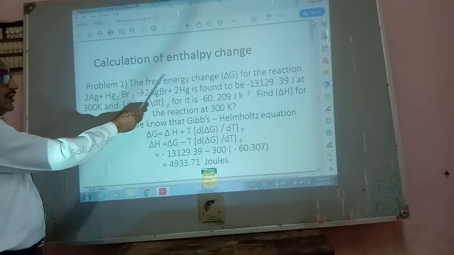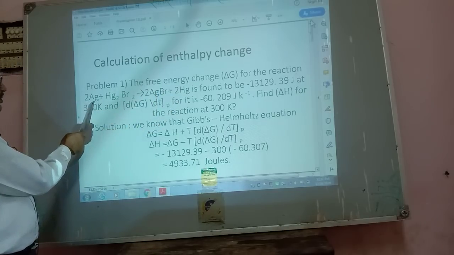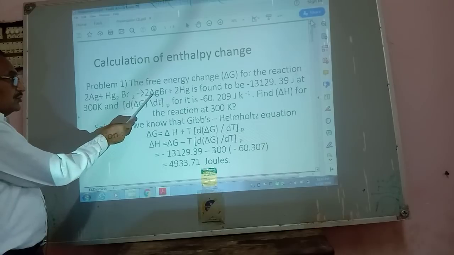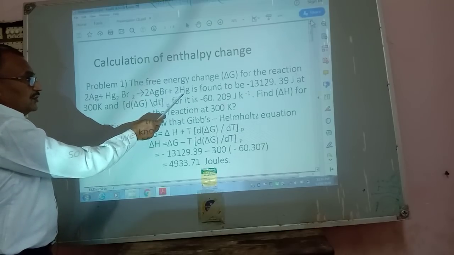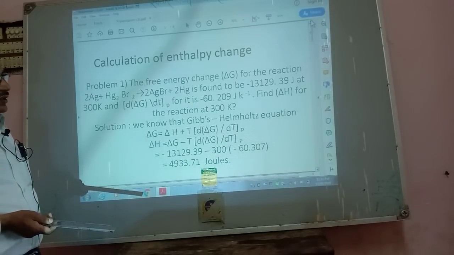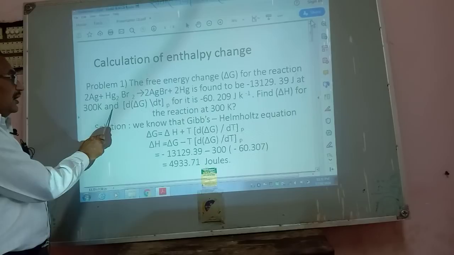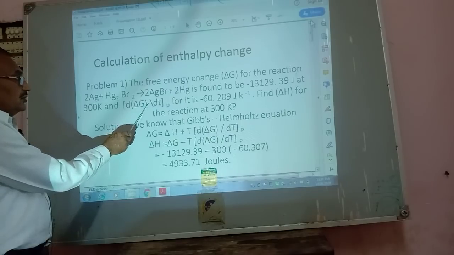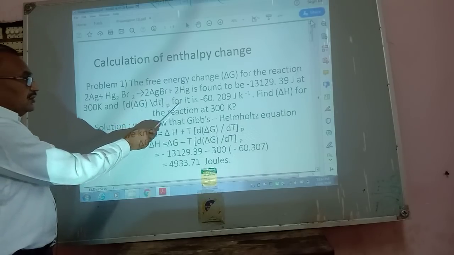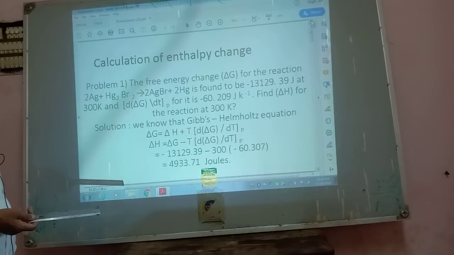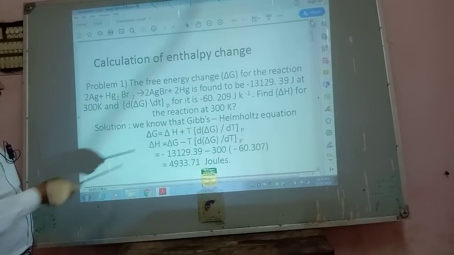The free energy change delta G for the reaction 2Hg plus Hg2Br2 gives 2HgBr plus 2Hg is found to be minus 13,129.39 joules at 300 absolute, and d(delta G)/dT at constant pressure is found to be minus 60.209 joules per absolute. Find the delta H for the reaction.